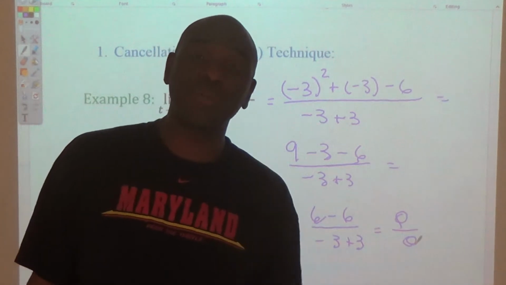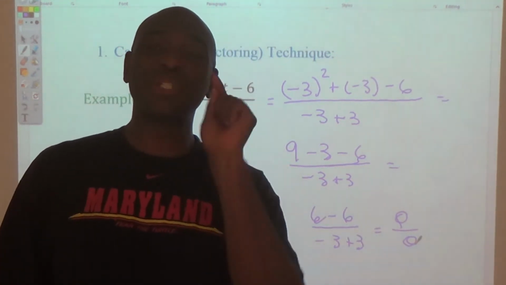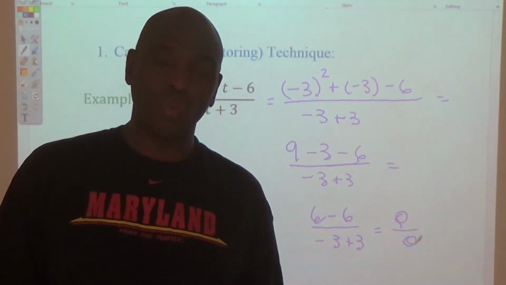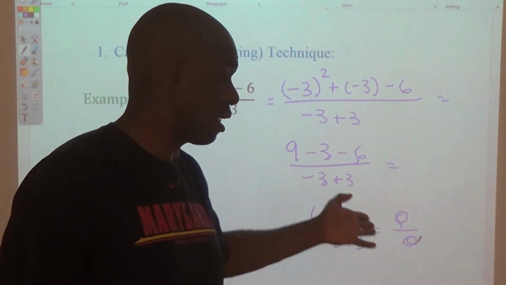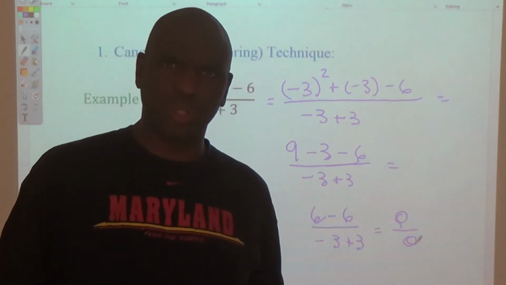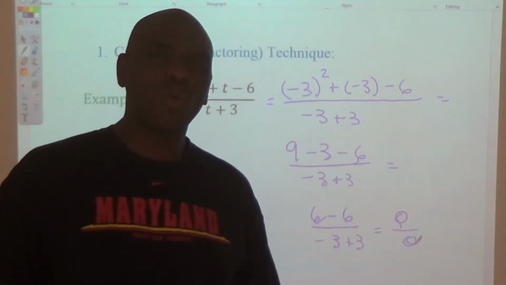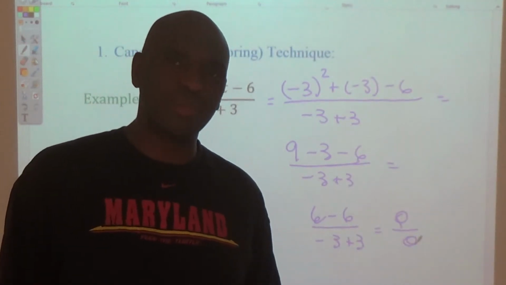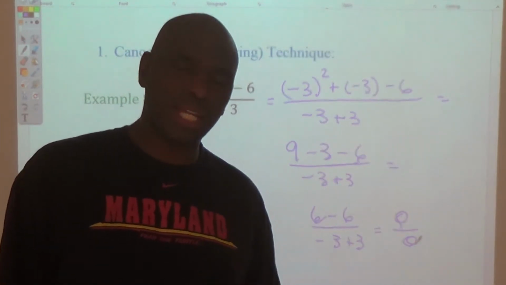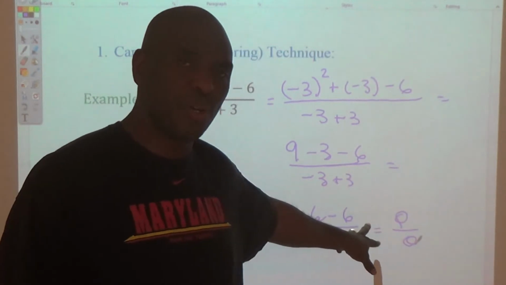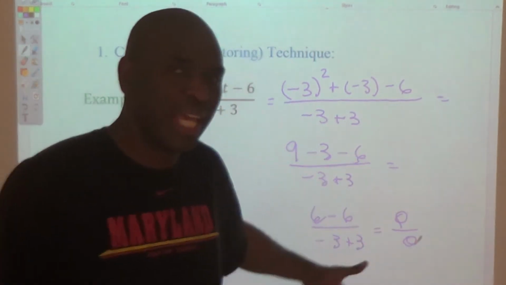0 divided by 0 is called the indeterminate form. We cannot determine, at least right now, what's going on. We cannot determine whether the limit exists or not. We cannot say here that 0 over 0 equals 0.